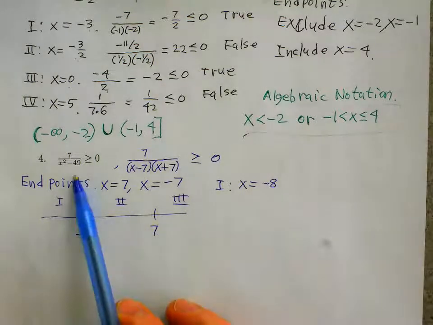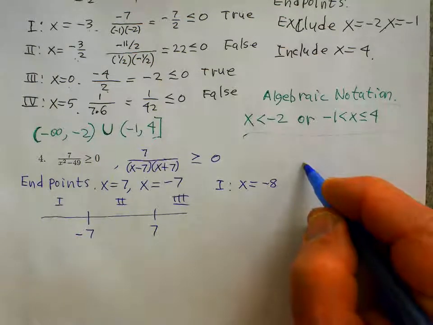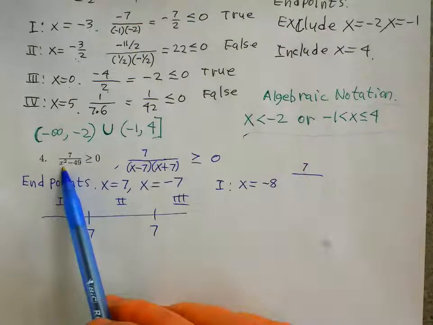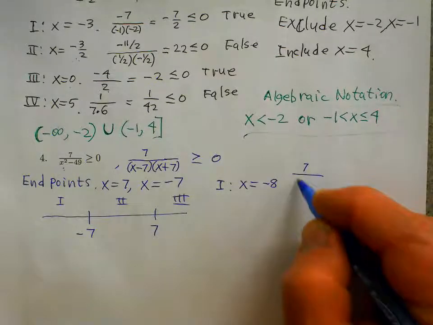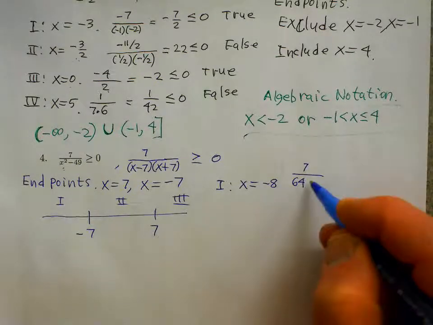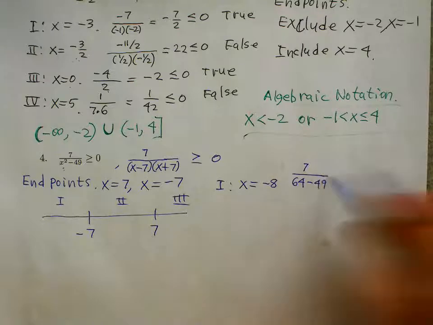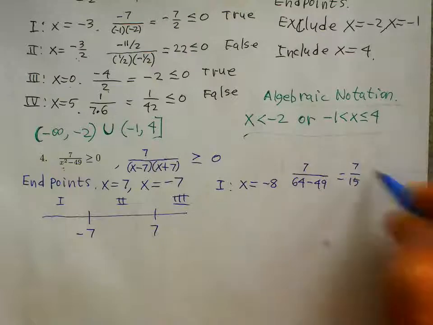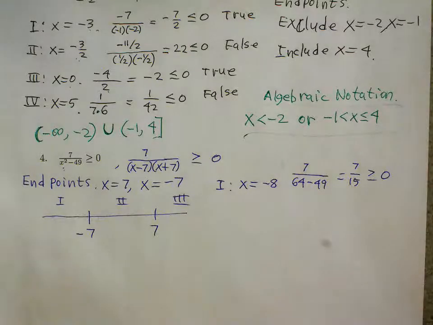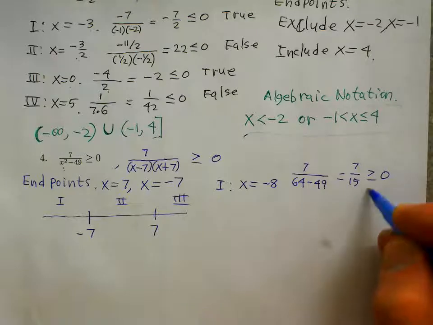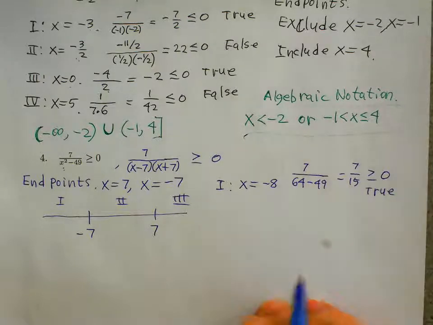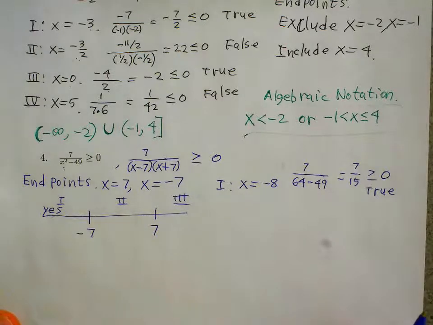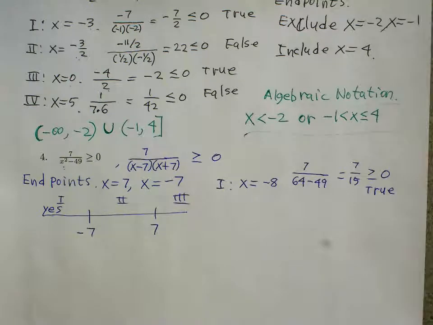In the inequality, we have 7 divided by -8 squared, which is 64, minus 49. So we get 7/15, greater than or equal to 0. That is true. So all the numbers from -infinity to -7 are solutions.